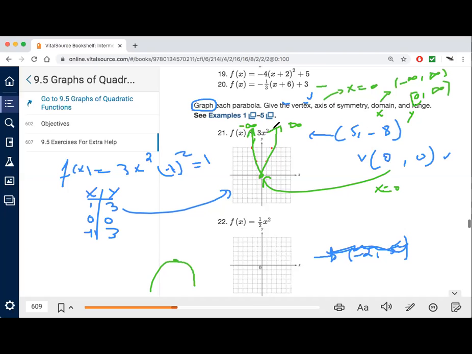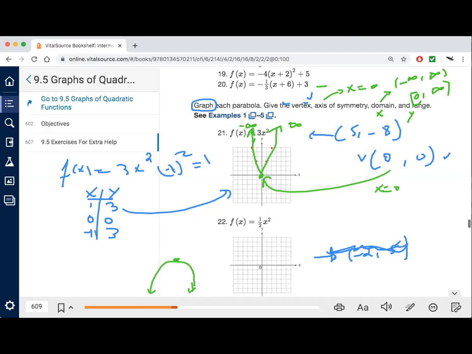For the domain, see if the x stops here or not. It does not stop. It keeps extending in both directions, so it's all the real numbers. And the y is basically from the lowest point or the highest point to the direction in which the graph is going. For example, here from 0 all the way up, or if it's going down, it will be from 0 or whatever the vertex is, going down to negative infinity.